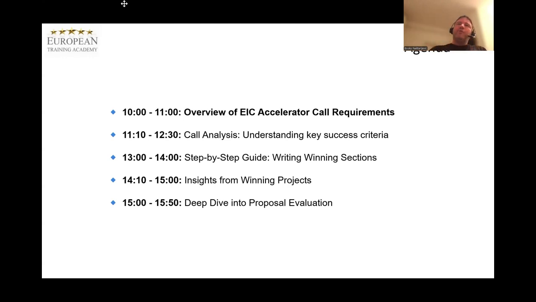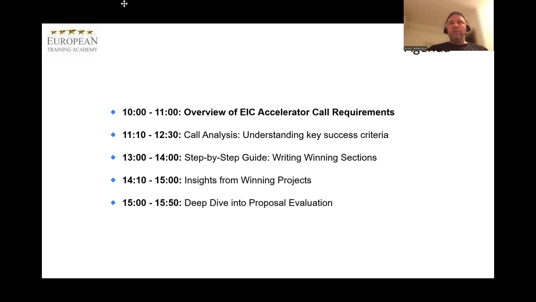Then we'll switch to something much more dynamic and interesting and open for debate and discussion, which is that we'll examine proposals which were successful. We'll mostly focus on the first stage, and then we'll have a deep dive into proposal evaluation, looking at the proposal at the second phase.